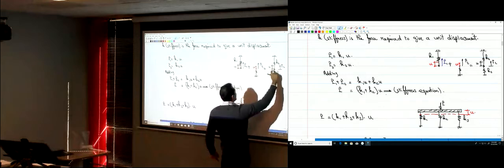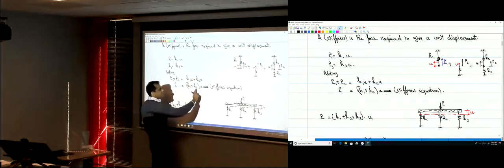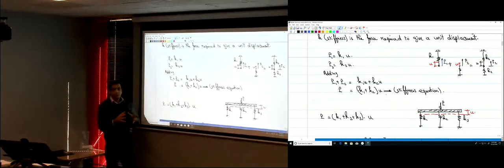So when I have both together, the summation of the forces, P, is equal to K1 plus K2 times U. So I just have to add them together.